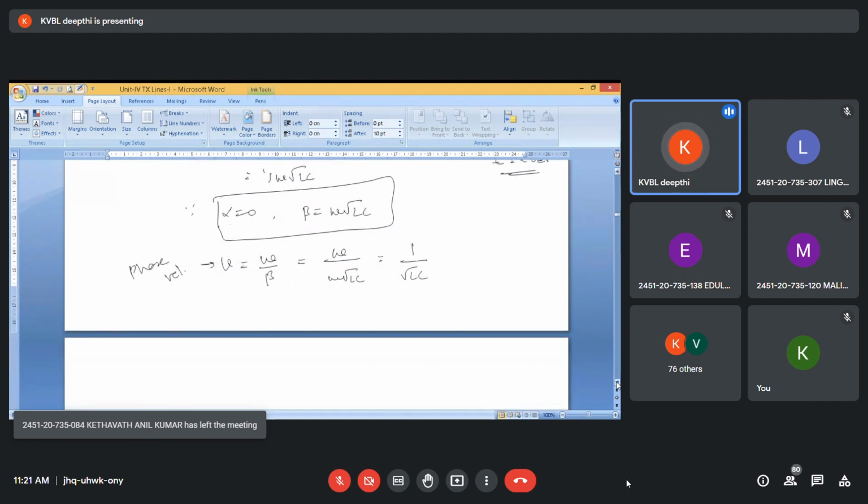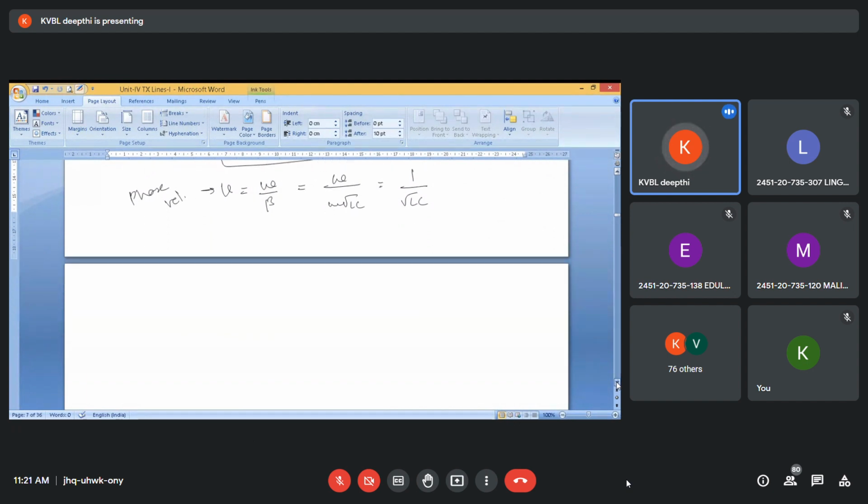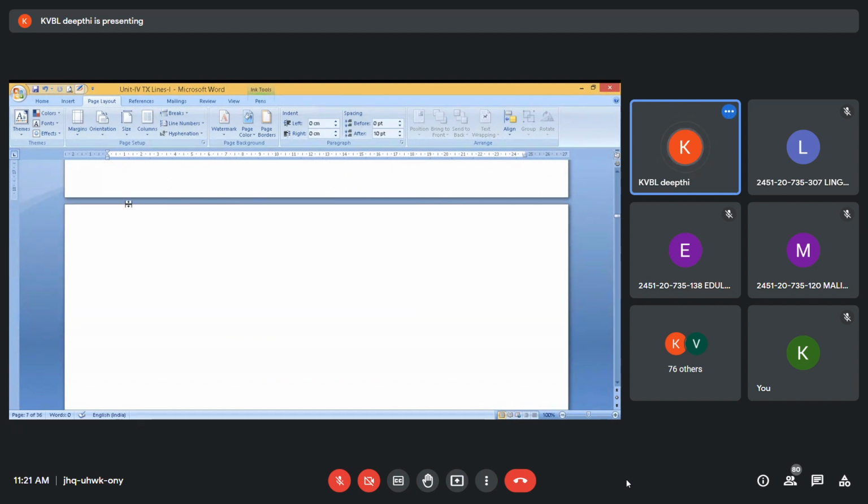Now similarly, what will be the characteristic impedance equation in general form? The characteristic impedance Z0 is equal to R0 plus JX0.